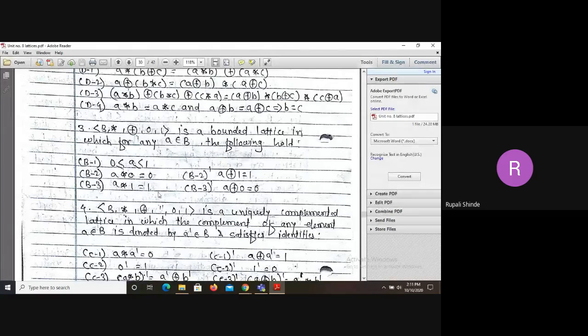Here it is given as A. Now we have to take its complement. Again, for this complementary operation, we have to replace 1 by 0 and 0 by 1. So A, again this star operation will be replaced by XOR, 1 will be replaced by 0, and again this 1 will be replaced by 0.